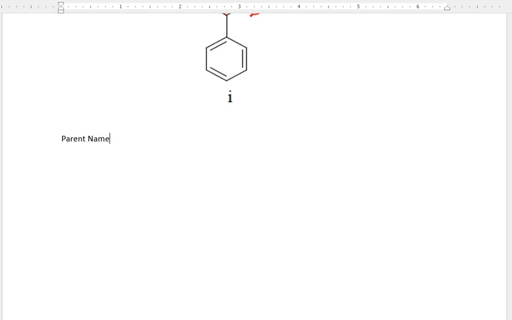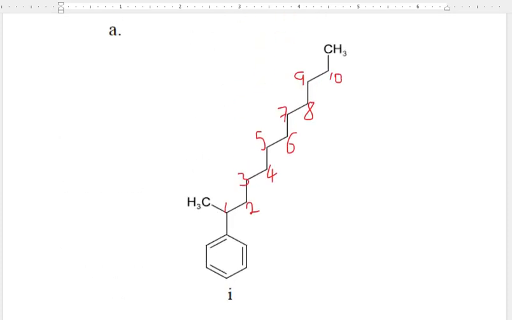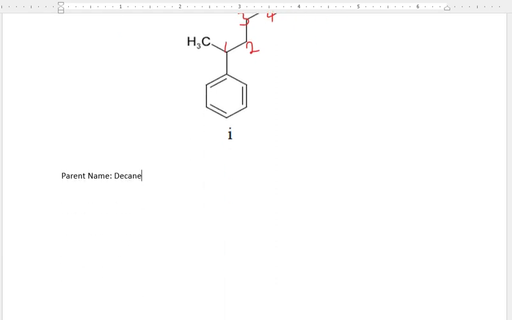Which means it's an alkane, not an alkene. Reason being, we don't have any double bonds in there. We only have single bonds. So it is a decane to mean it is an alkane.